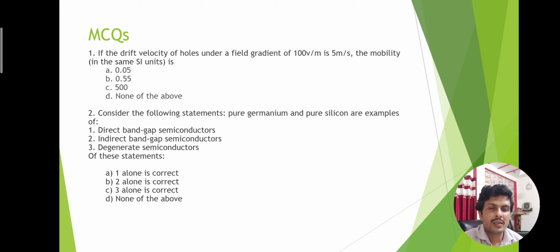Regarding some MCQs, let us solve some. If the drift velocity of holes under a field gradient of 100 volt per meter is 5 meter per second, the mobility is 0.05, 0.55, 500, or none of these.